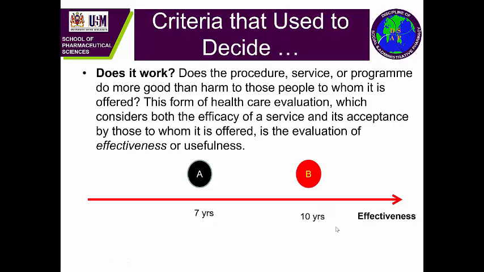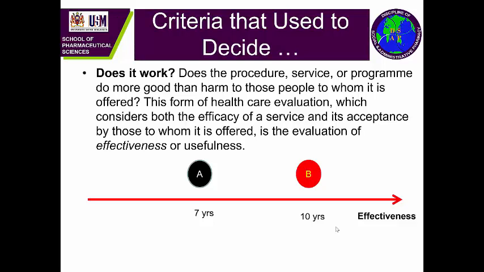But sometimes people also look into another criterion: does the medicine work in real practice? Efficacy relates to when the drug is working in a controlled environment, while effectiveness refers to whether the drug is working in real practice situations.